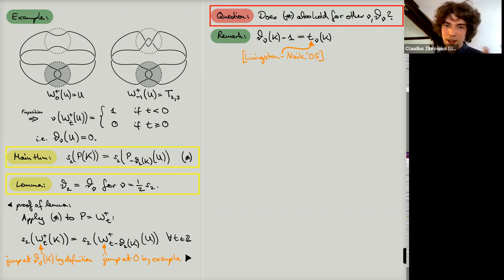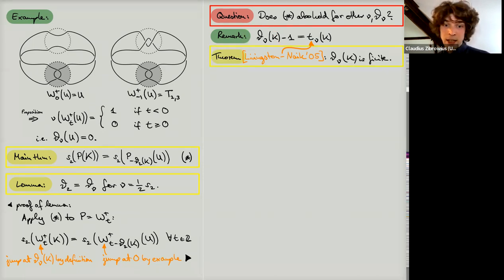If you don't do that shift, T sub nu of k is not a concordance homomorphism, at least for the Rasmussen invariant. Also, this theta invariant has a very explicit geometric interpretation, so it is a bit more natural than the T sub nu.